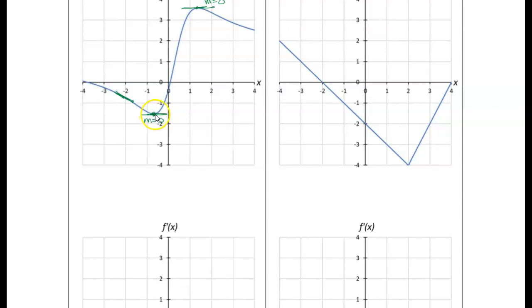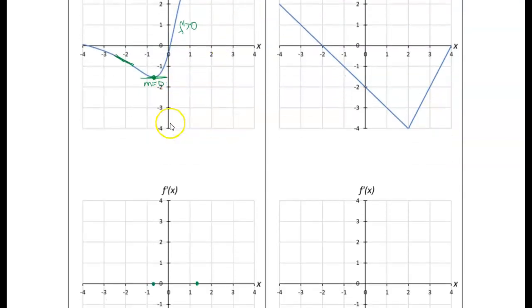After this place where it crosses 0, it's going to be positive, right? So here the derivative, which is the slope, is greater than 0. So it's going to be above the x-axis, and then over here it's less than 0. Okay, so I'm going to be below the x-axis again when I graph the derivative.